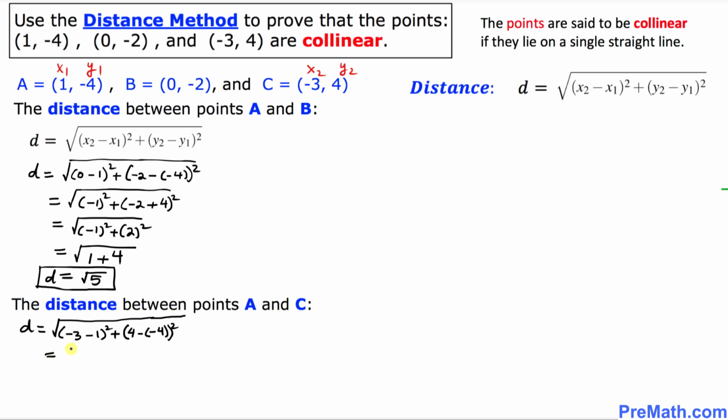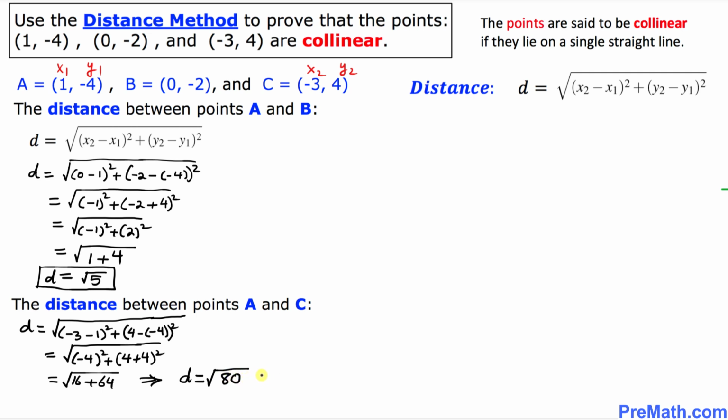So that's going to be (-4) squared plus, this simply becomes 4, and this negative and negative become +4, squared. And now over here (-4) squared is 16 plus 4 and 4 becomes 8. 8 squared is 64, which implies that d turns out to be the square root of 80.